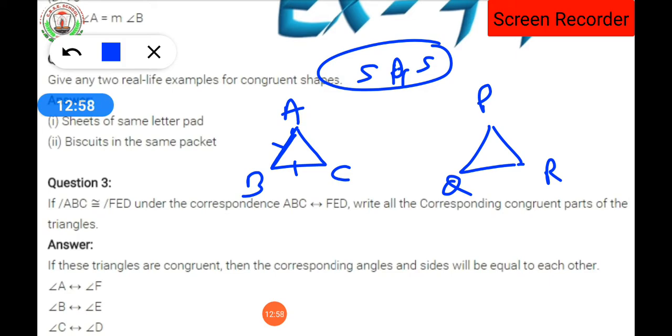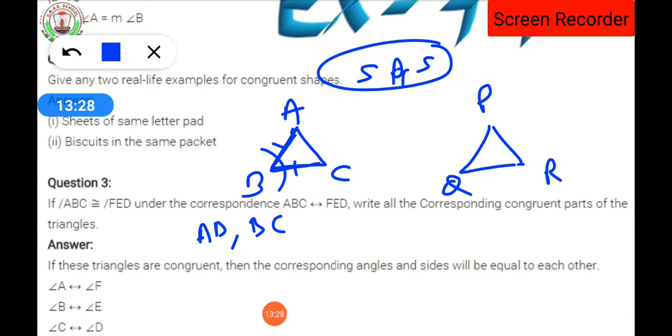दैट मीन्स the two sides, let us consider the two sides AB and the second side is BC. अब इन दोनों के साइड्स के हेल्प से एक एंगल बन रहा है, दोनों के बीच का एंगल, included angle between them. Remember the sentence, included angle between them, दैट मीन्स दो साइड्स के हेल्प से जो एंगल बनेगा, the vertex, the common arm, not common arm, the common vertex should be there.